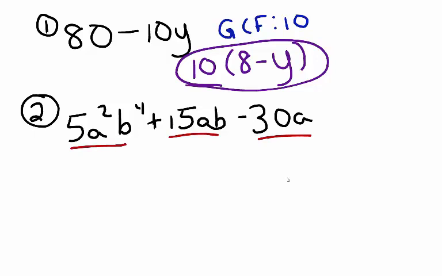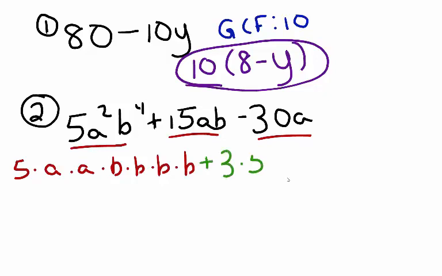For example, 5a squared b to the 4th can be broken down as 5 times a times a times b, which will be multiplied by itself 4 times, plus, and 15ab can be broken down into 3 times 5 times a times b, minus, and the 30 written as a product of primes is 2 times 3 times 5, and then times a.